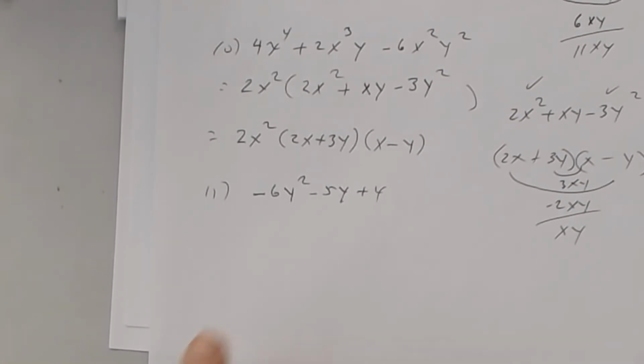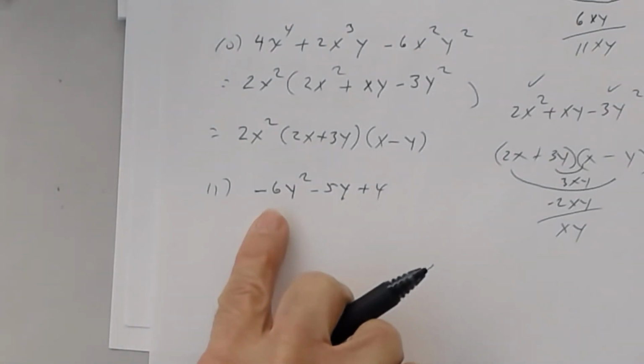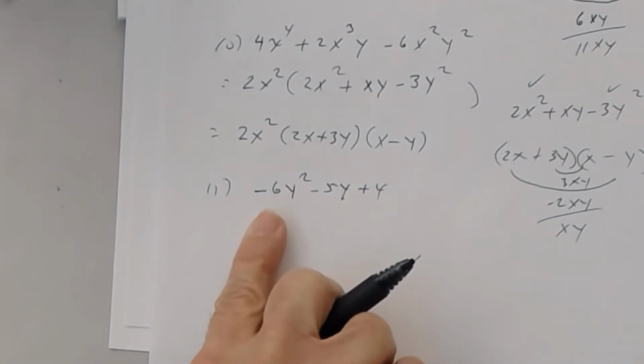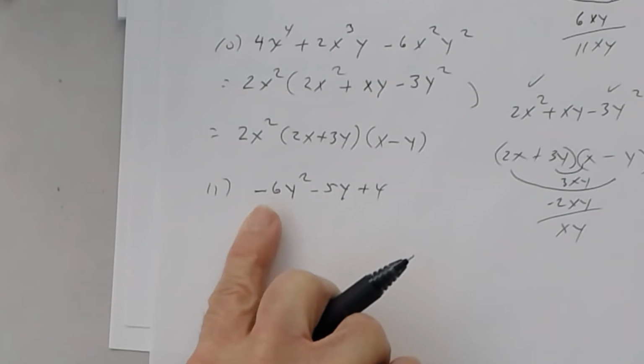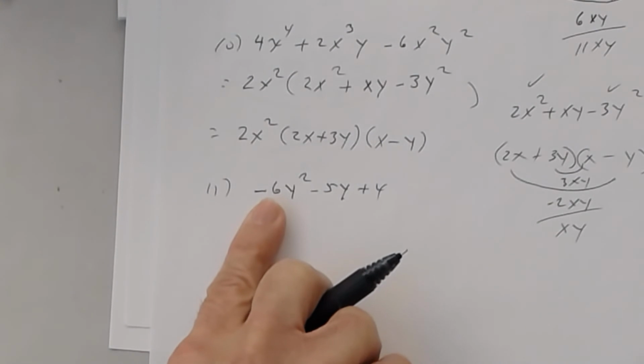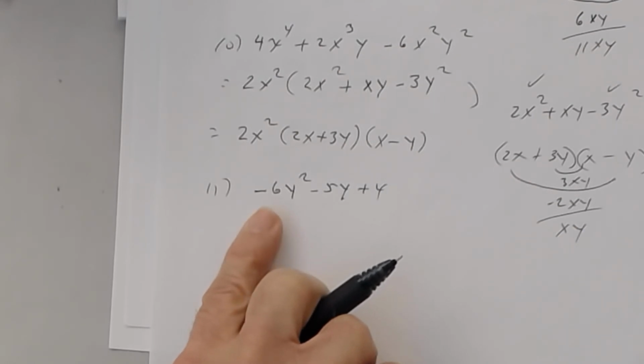Positive. Here, my coefficient is negative. Students have issues factoring when the coefficient of the first term is negative. So one of the things on the worksheet they're going to tell you to do, now on your test, I'm not going to have one where the first coefficient is negative, but on my math lab they do, and on the worksheet they do.